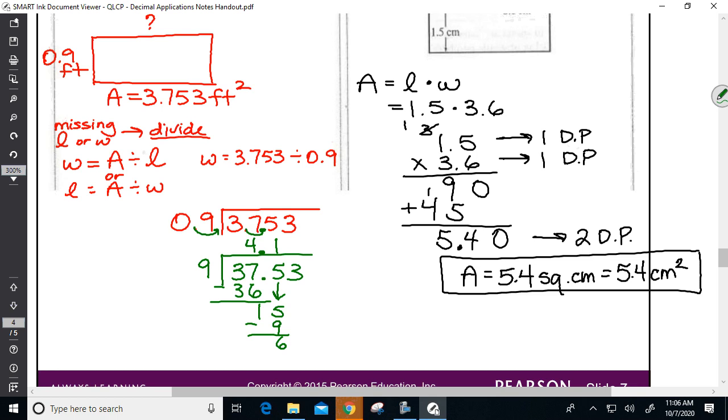Subtract, you get 6. 9 goes into 63 how many times? 7 times. So 4.17 feet. That's your width.